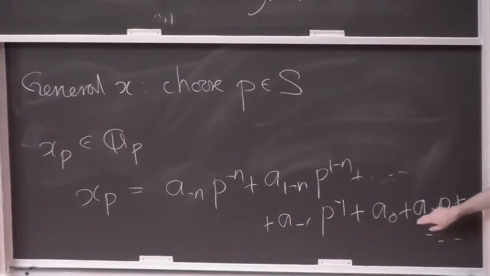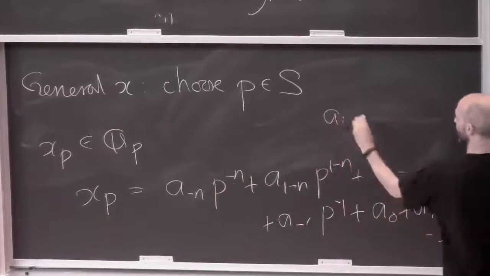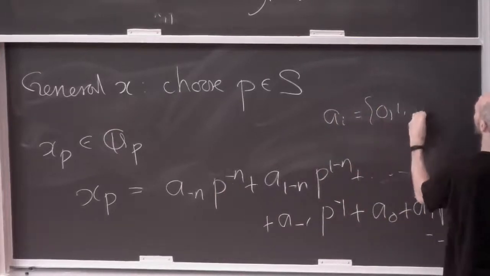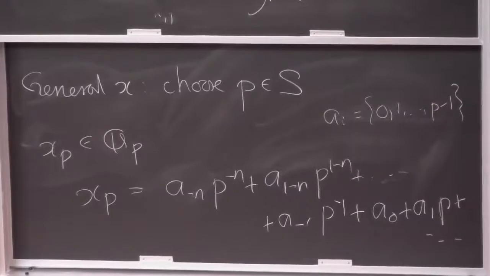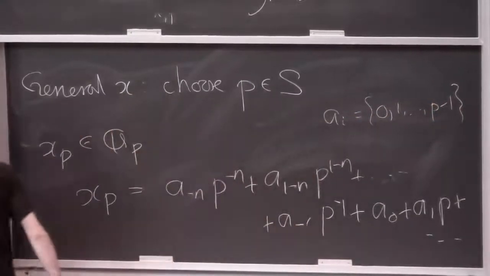I can't make that sum converge in the rationals, but of course I'm using this standard convention. Every p-adic number has a p-adic expansion with respect to these p-adic digits, and there's a lot of flexibility with regard to these digits, but let me just choose these as a sensible choice.